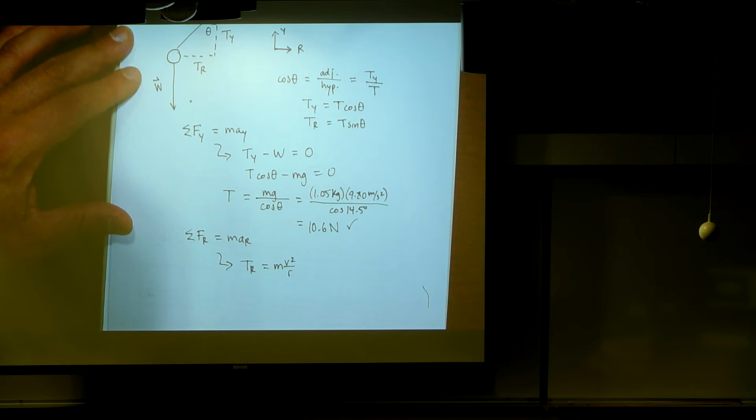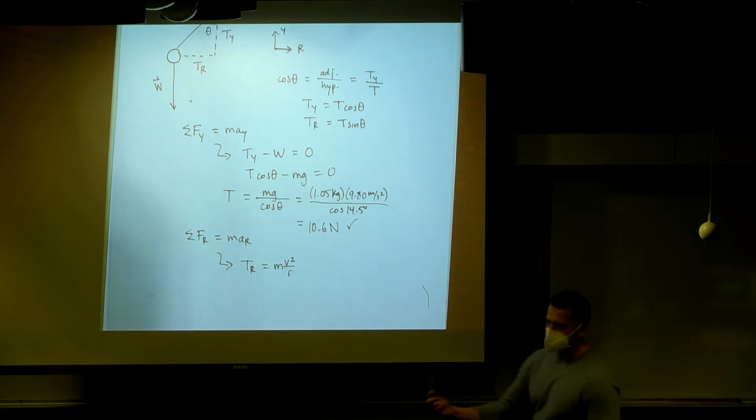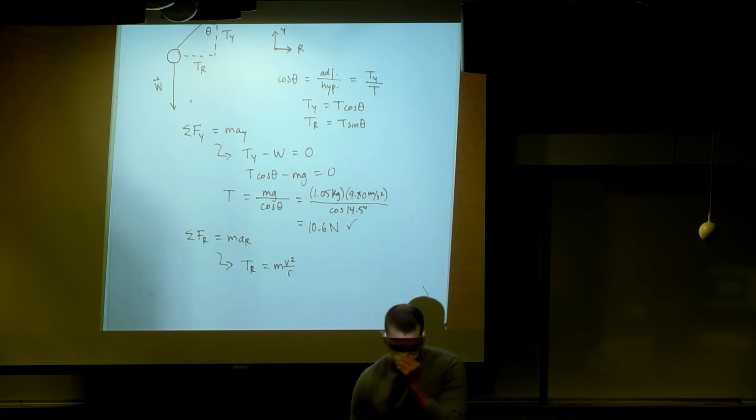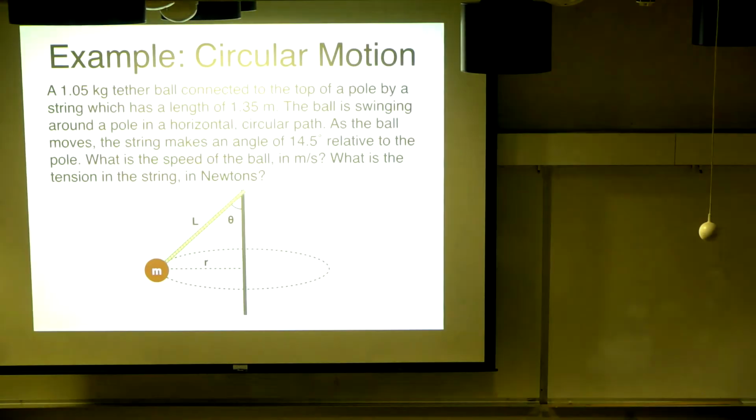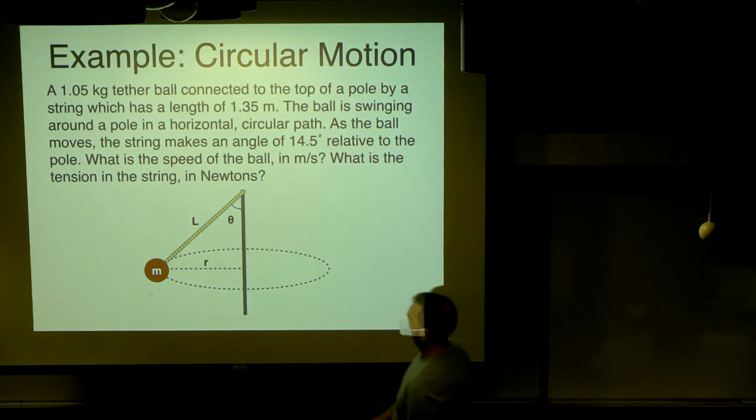So one other thing we can do here is think about R, right? So do I know the value of R, the radius of the circle? Do I know what that is? Let me go back to the picture we were given. I know the length of this string.